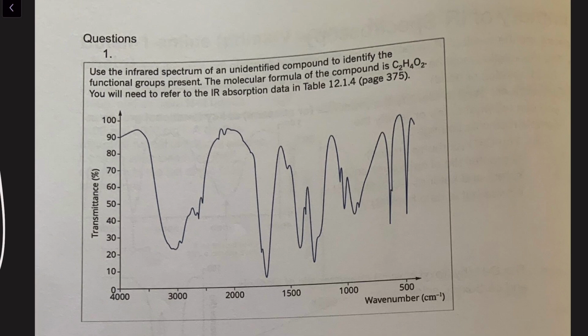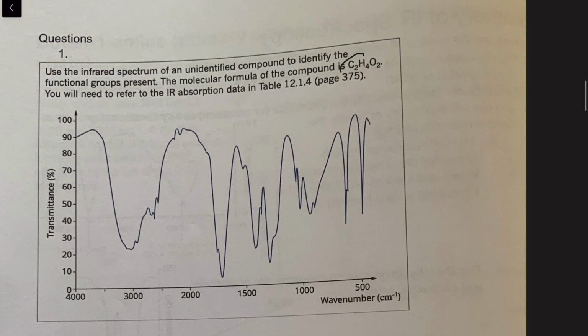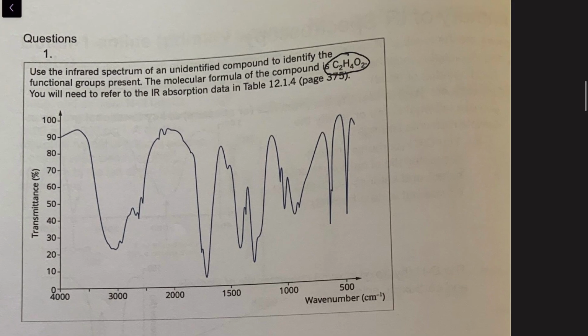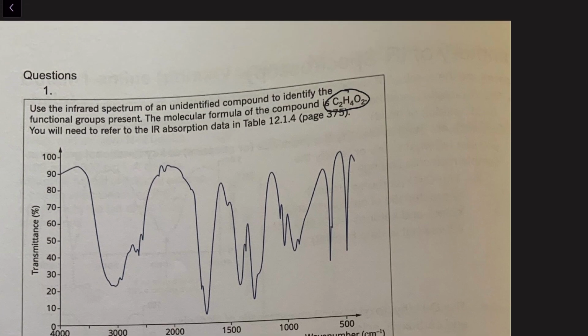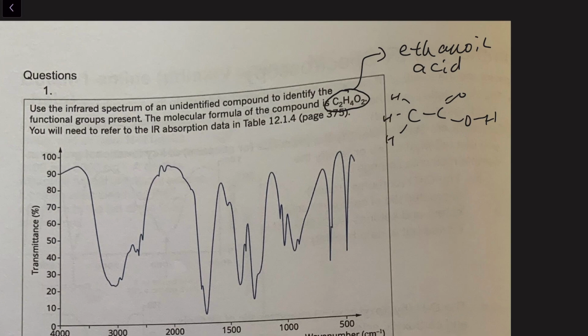So question 1. Use the spectrum to identify this compound. The molecular formula is C2H4O2. Really, if you are given something like this, you don't need to look at the infrared spectrum. From this alone, you can know that it's ethanoic acid, because ethanoic acid has the molecular formula C2H4O2.